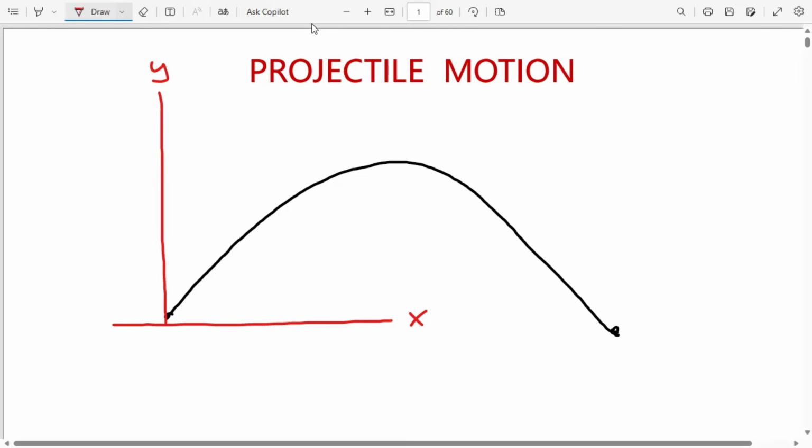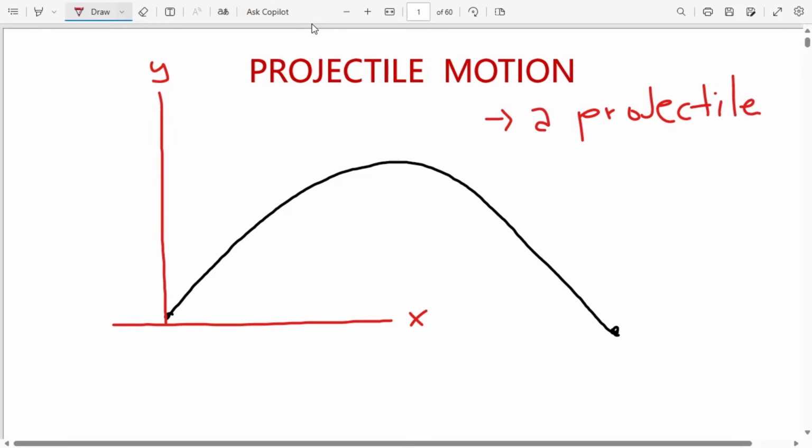And in particular, today's topic, we're going to call this projectile motion. So the actual object that you are going to throw, that will be undergoing this motion, is what we call a projectile.